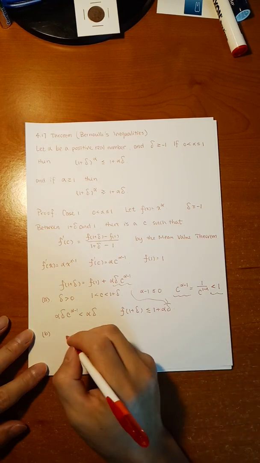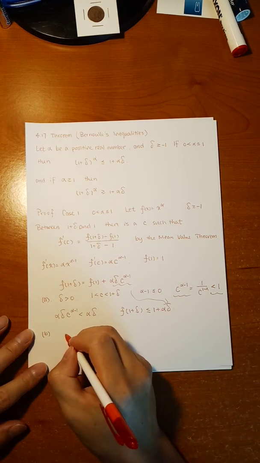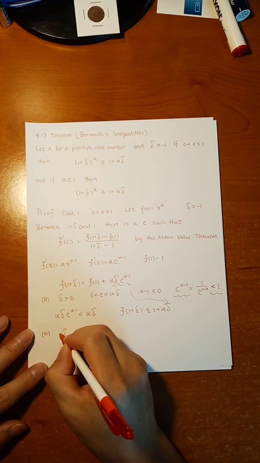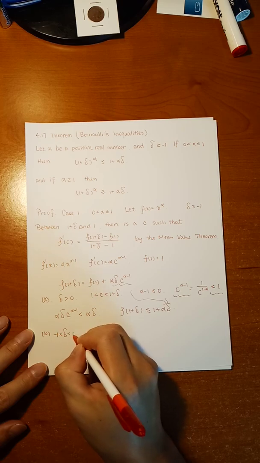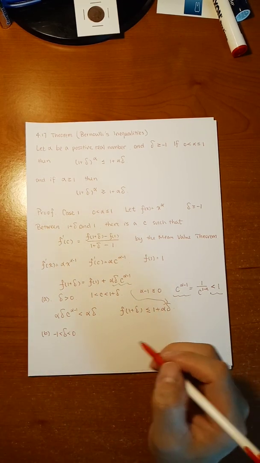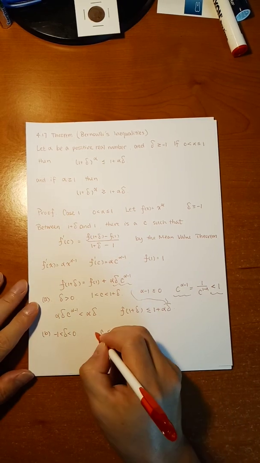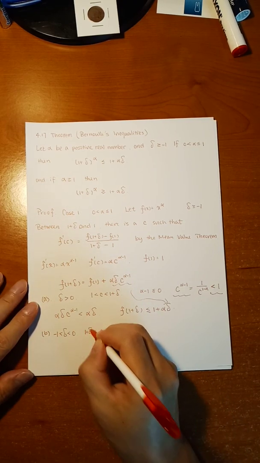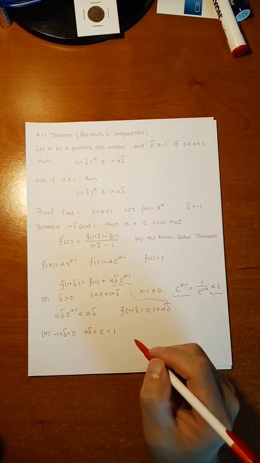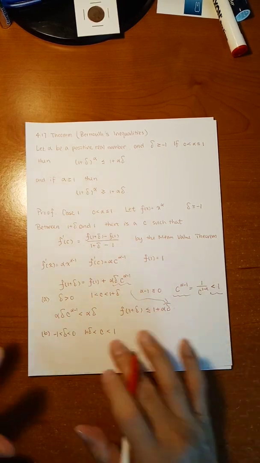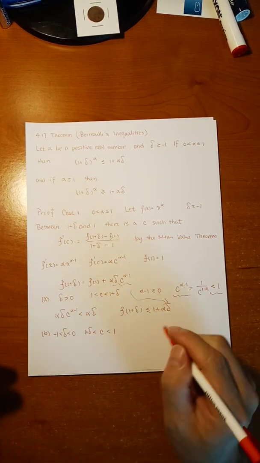Part B. Delta is between -1 and 0. It's negative. c is less than 1 but greater than 1 plus delta. It's a positive number, but less than 1.